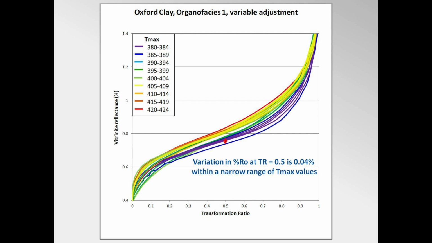But if we return to plotting the color scheme based on Tmax, we see that within any narrow range of Tmax values, for example, from about 380 to 390 degrees with the dark blue and purple colors, the total variation is only about 0.04% RO at peak generation.